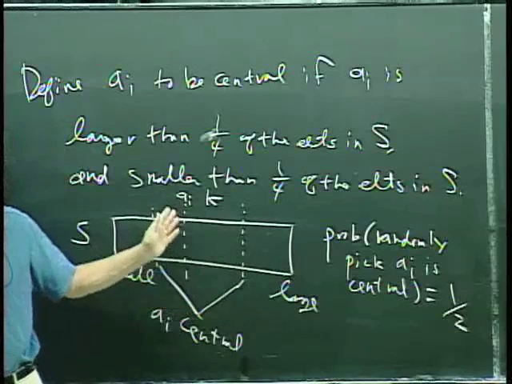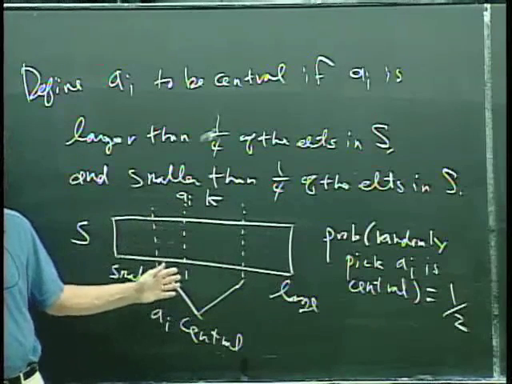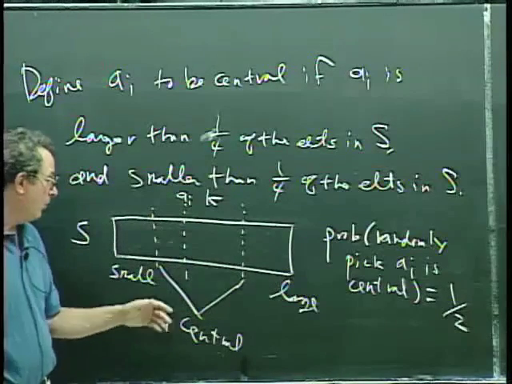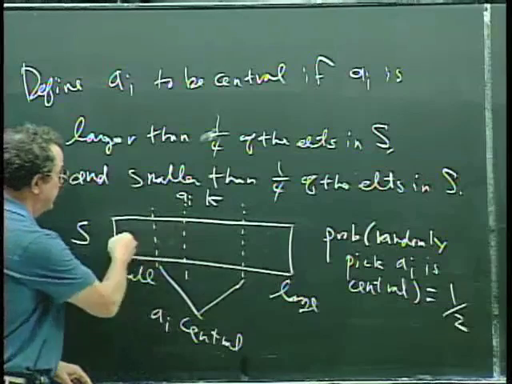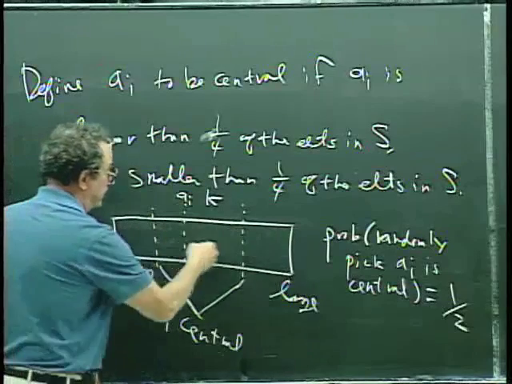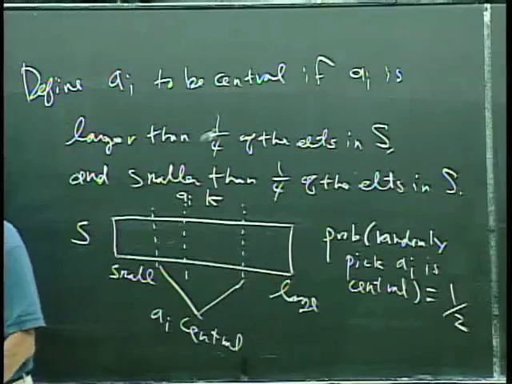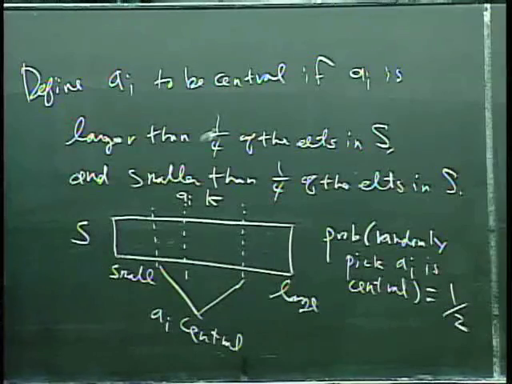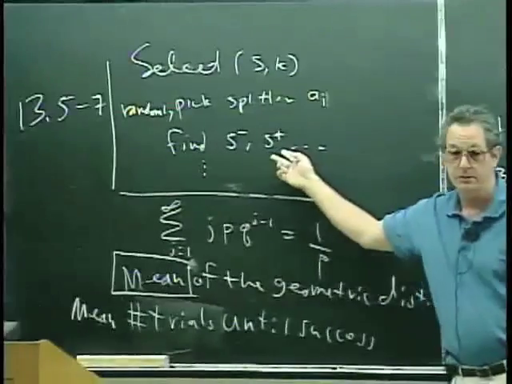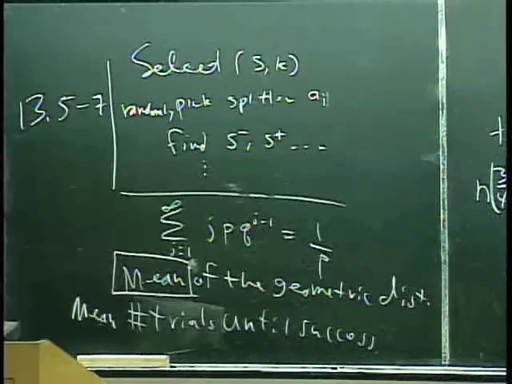If AI happens to be the kth smallest, that's fine, you're absolutely done. Or you're getting rid of either this side or that side, right? That's what's happening in the algorithm. You're recursing either on S minus or you're recursing on S plus. So you're recursing on the elements that are smaller than AI, or you're recursing on the elements that are larger than AI.